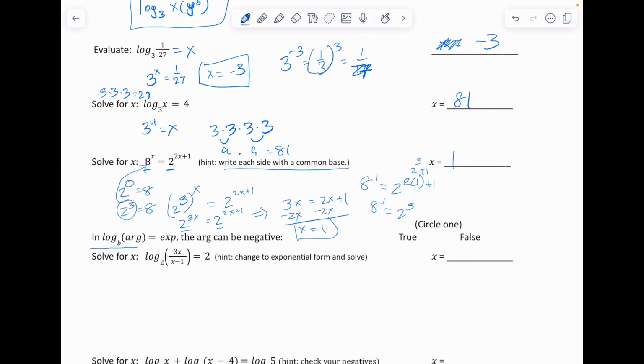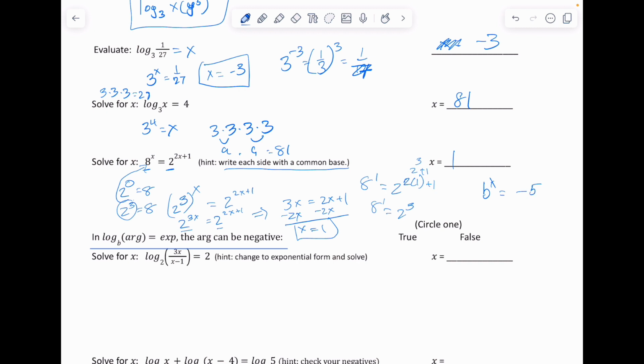In a log, base, argument equals the exponent. Can the argument be negative? Can it? Because if it's going to be negative, what happens? Let's test it out. If I had b equals to a power of x, can I get a negative number?